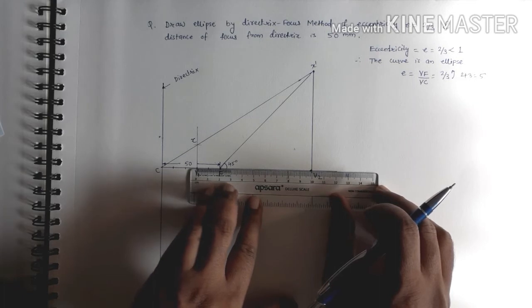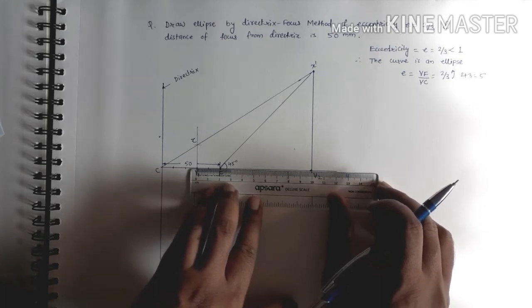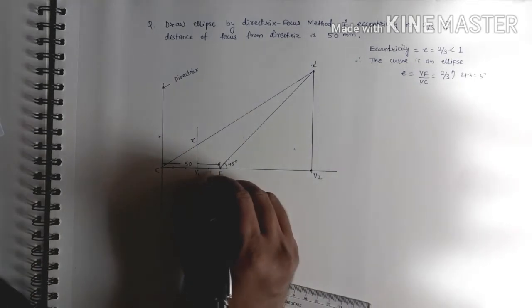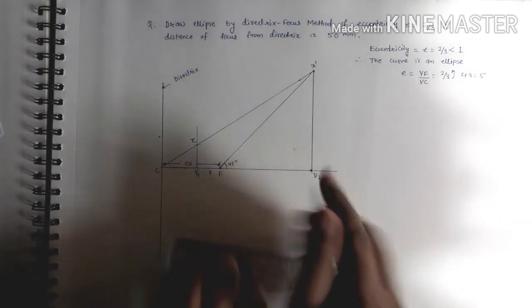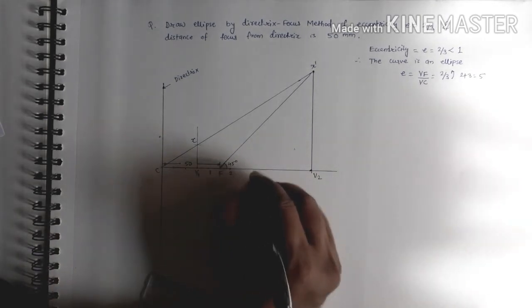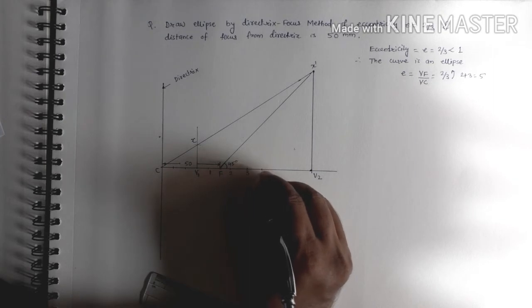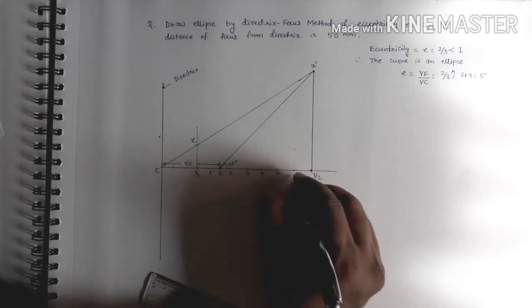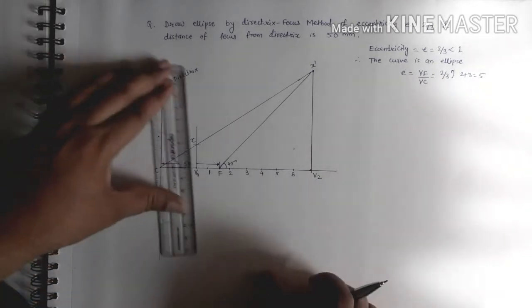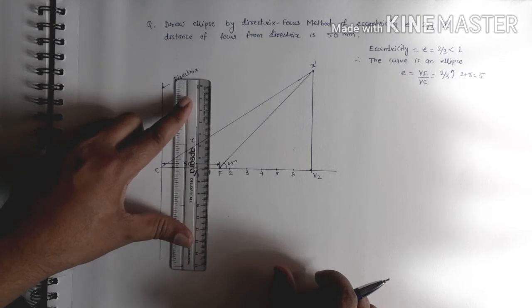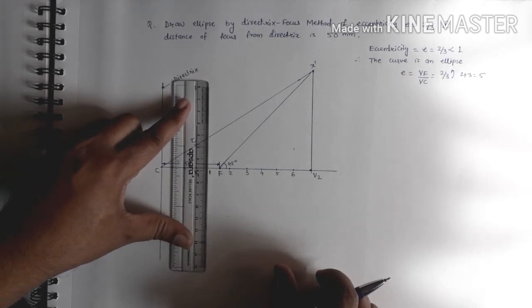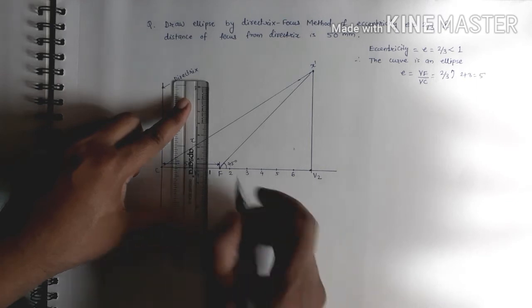So let's say this point is 1, then this point is 2, 3, 4, 5 and 6. Okay, then draw lines passing through 1, 2, 3, 4, 5, 6 and cutting line x dash on the top side and bottom side.